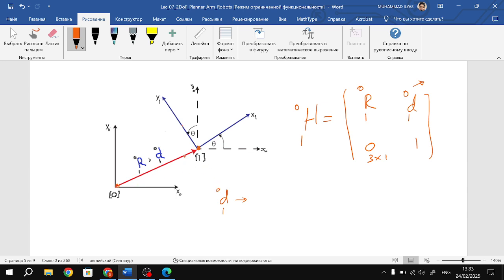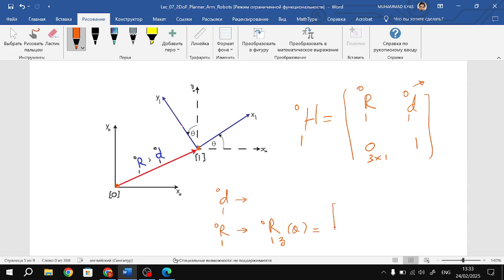So we have to find what that is, and also what the rotation matrix is. The rotation matrix is the rotation between frame 1 and frame 0, when frame 1 is rotated by some angle theta with respect to frame 0. In planar robots, this will always be a rotation about the z-axis by an angle of theta.